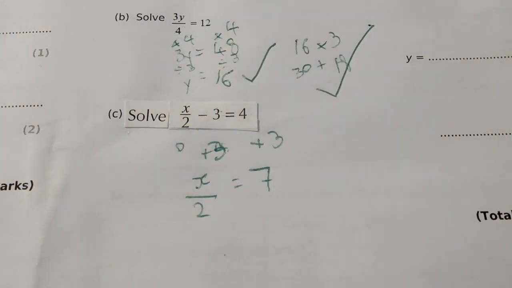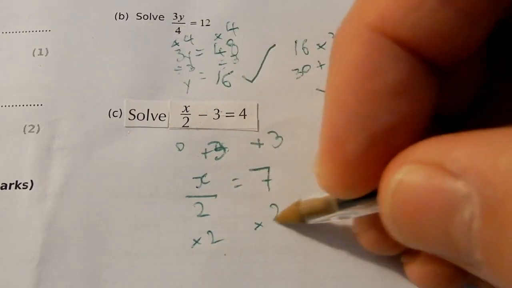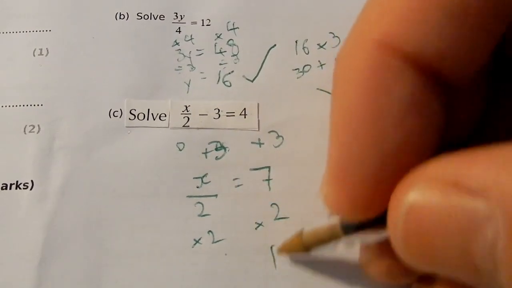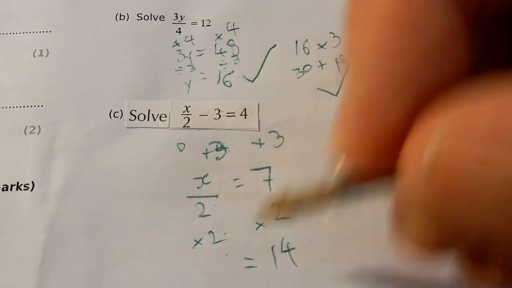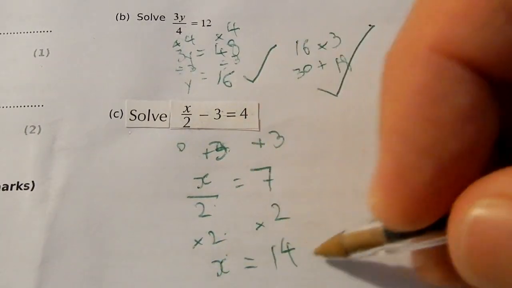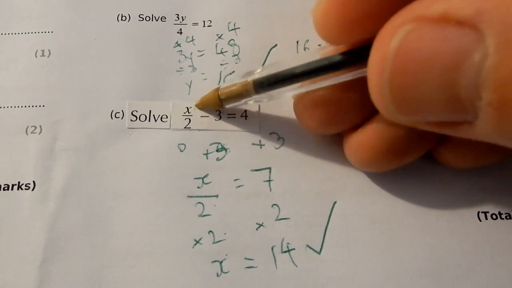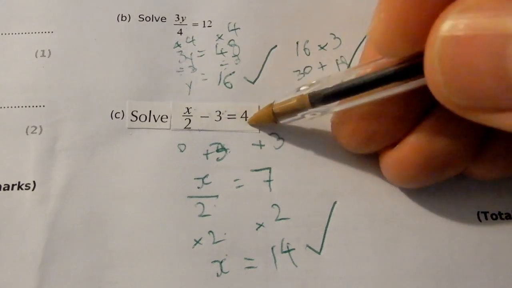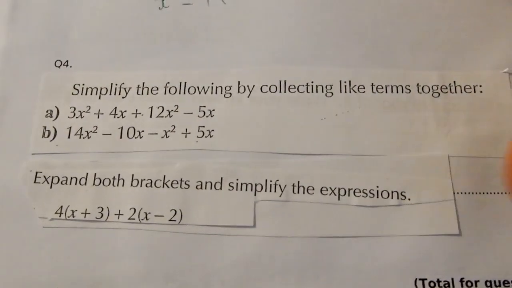They cancel. Cool. Next thing I have to do, opposite of divided by 2 is times by 2. 7 times 2 is 14. The divide by 2 and the times by 2, they cancel each other out. x equals 14, and we can check it. 14, half of 14, 7. 7 take away 3 does equal 4. It works. It checks out.